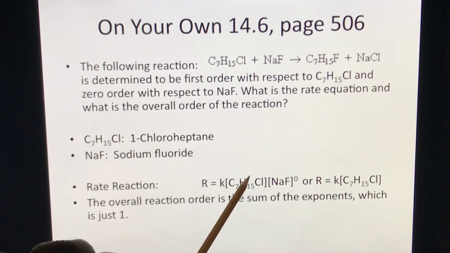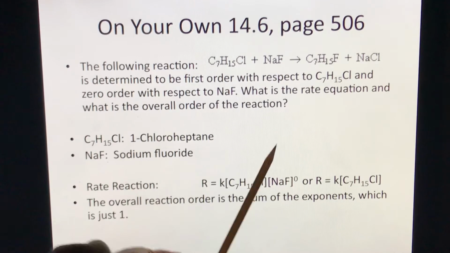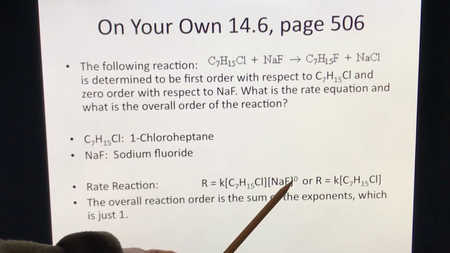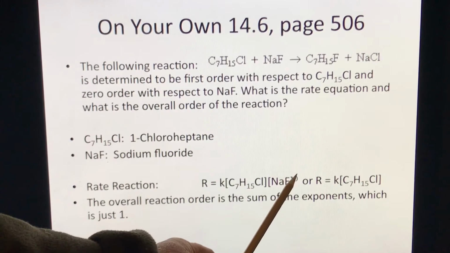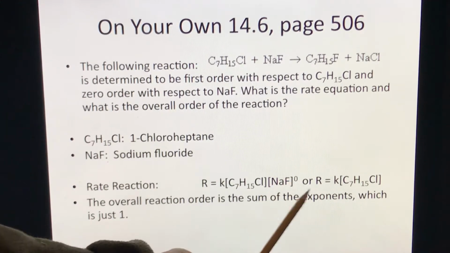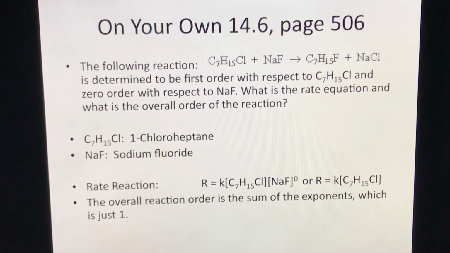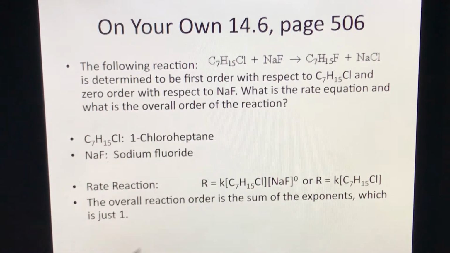So when we put it in the equation here, it's in the brackets, and then there's like that imaginary 1 there. And 0 order with respect to the sodium fluoride. Then as we mentioned before, anything to the 0 power is 1. So that's more or less eliminated from the rate reaction. So in this case, the overall reaction order is just the sum of the 1 plus the 0, or just 1.